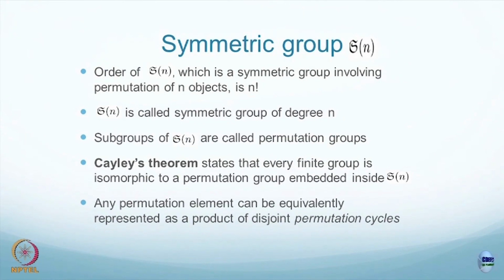The reason why we are stressing permutation groups is that whenever in solid state crystallography or something you see a finite group symmetry, you can always show that there is an isomorphism to a subgroup of the symmetric group. Okay. So, that is why we are trying to stress understanding the universal group which is the symmetric group.